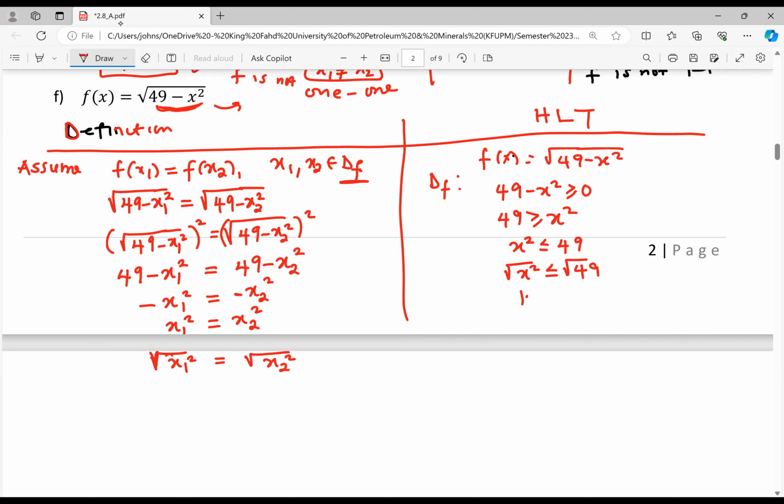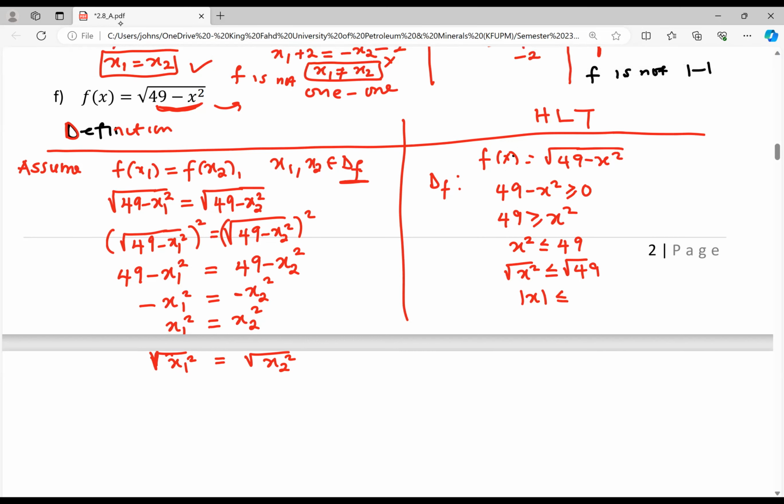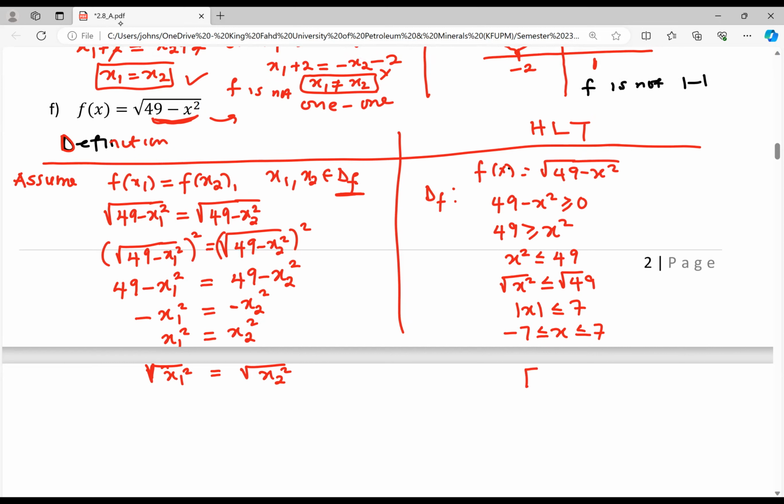So this will be absolute value of x is less than or equals to 7, right? Yes. Now, what is the meaning of this? This means minus 7 is less than or equals to x is less than or equals to 7. So when we are talking about this domain, it's actually nothing but from minus 7 to 7.